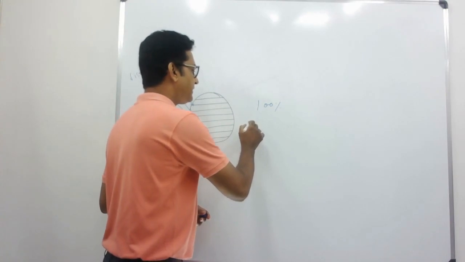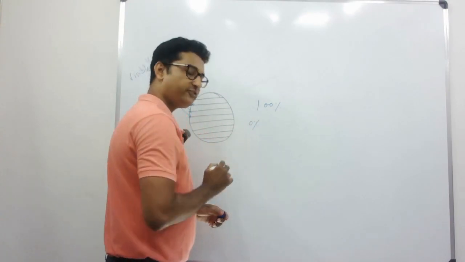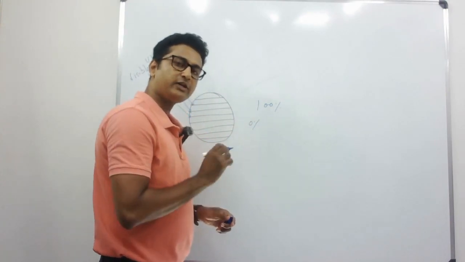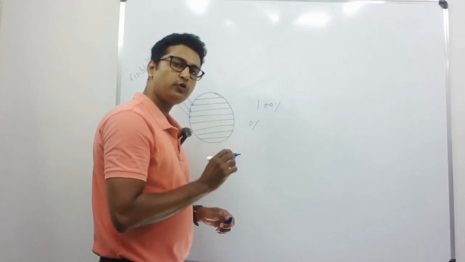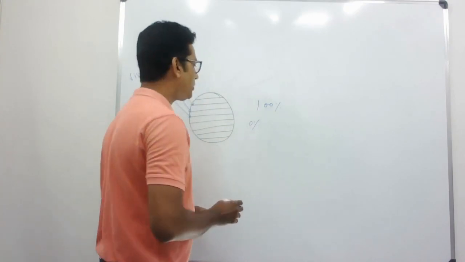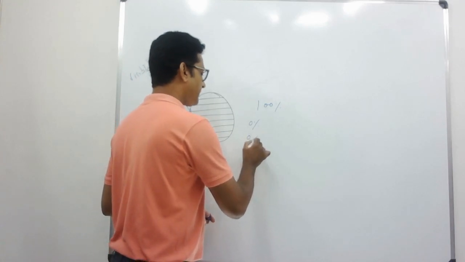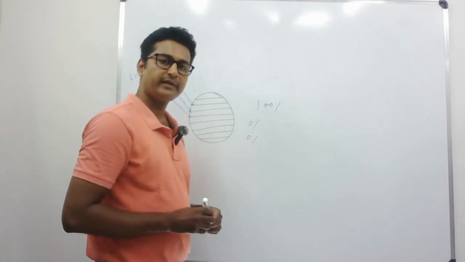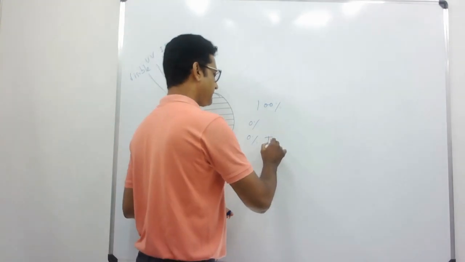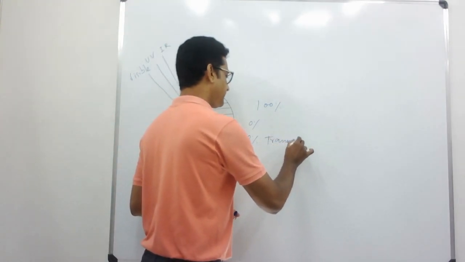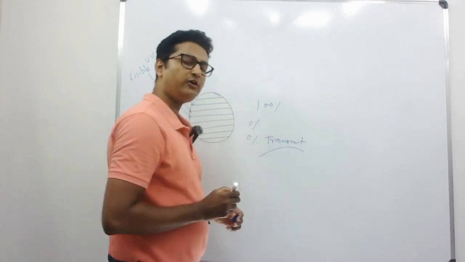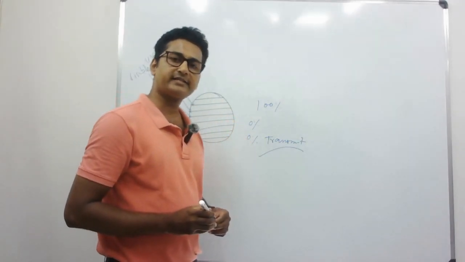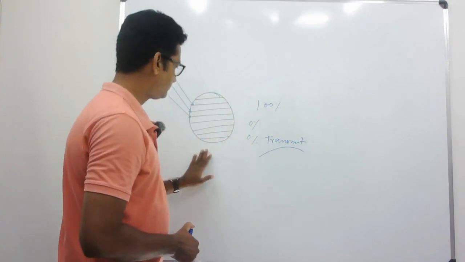and cannot reflect any part of the electromagnetic radiation which falls on it, or cannot transmit any part of the electromagnetic radiation which falls on it.